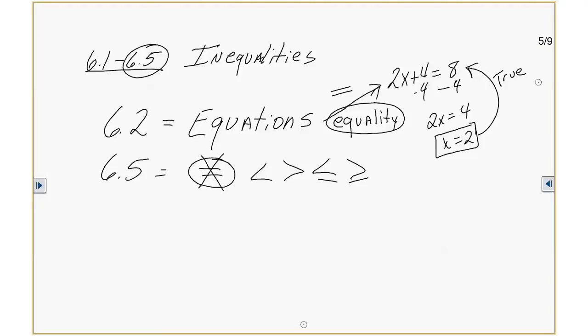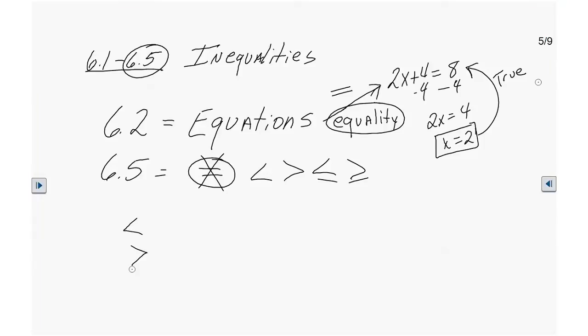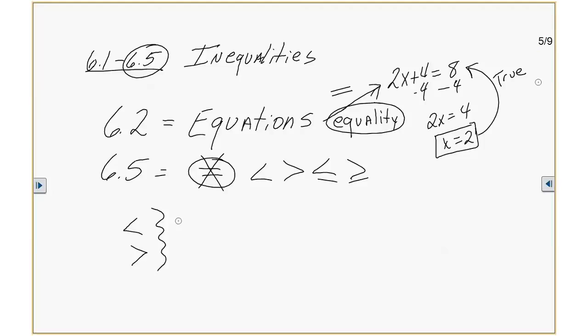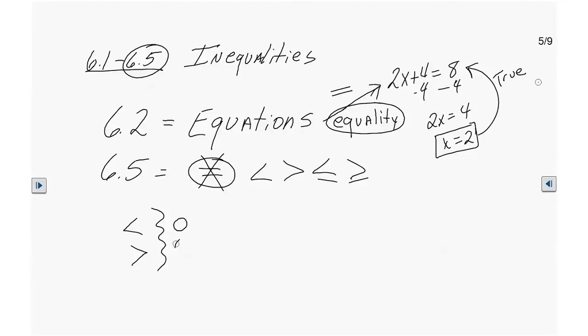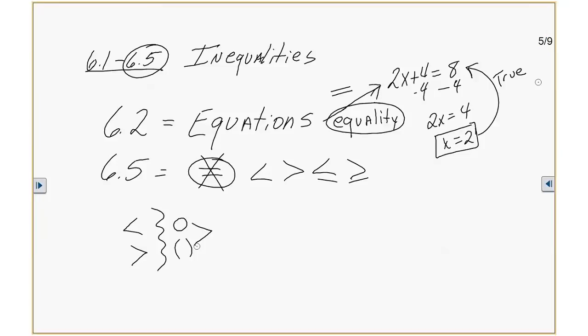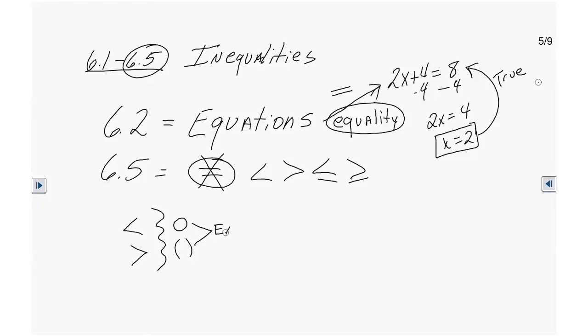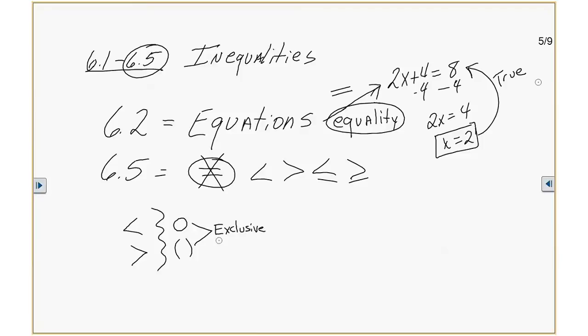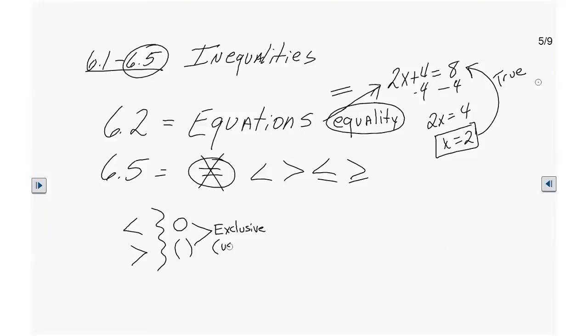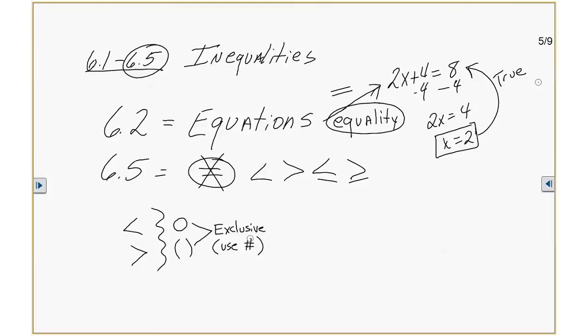The only difference is you've got to remember that these two guys always have to deal with an open circle or parentheses, and that means they're exclusive. Exclusive means you cannot use the actual number. That's why it's called exclusive. That's why you have to use parentheses or open circles.